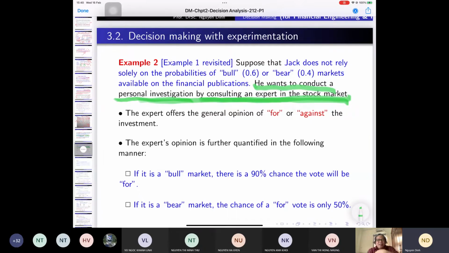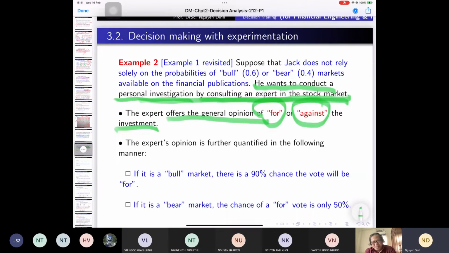In this case, we don't say anything about the cost. But if you want the expert in the stock market to do something more, you have to pay money for them. Okay, it's just a little money, but here we don't care about this. An expert offers a general opinion for or against the investment. He just says for or against, that's all.